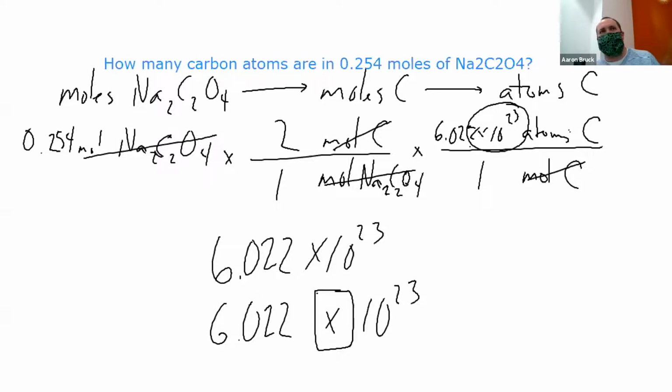Now, every calculator that is at least a scientific calculator, so no four-function calculators, but any scientific or graphing calculator is going to have one of two buttons that will do scientific notation for you. And I'll try to show you what those look like.